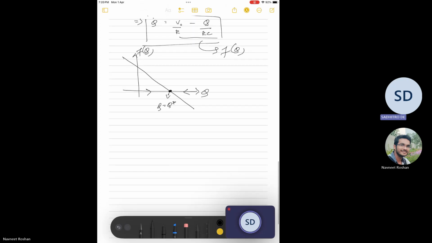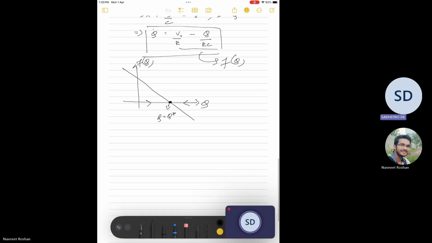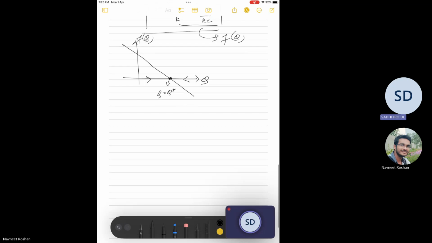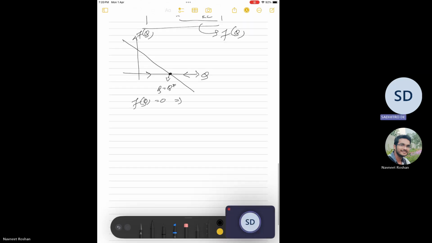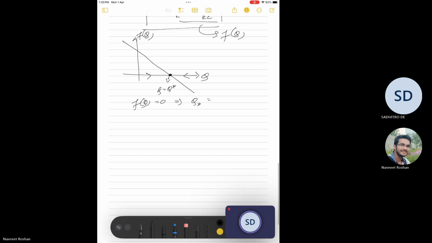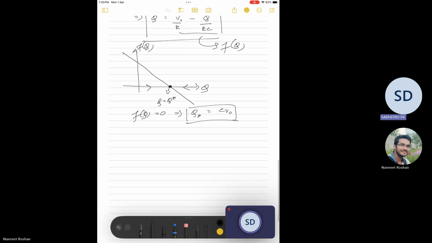And interesting, what is the value of Q star over here? To find Q star, you put f of Q equal to 0. When you do that, you will see that Q star in fact turns out to be equal to C into V naught, right? So in the steady state, this is the total charge which accumulates in the capacitor.